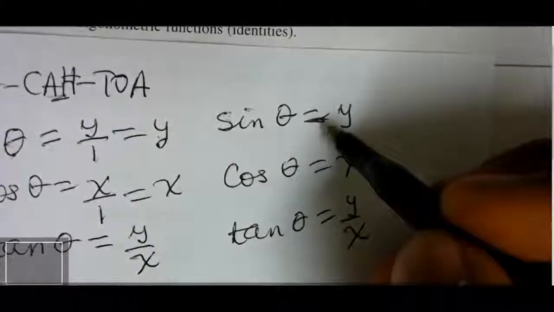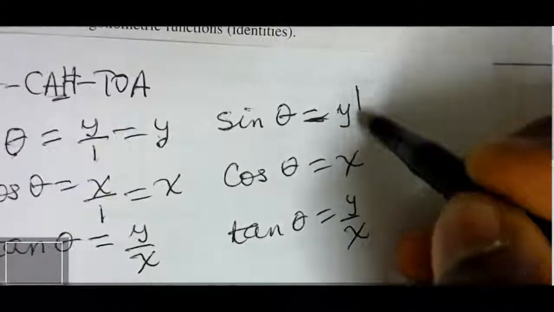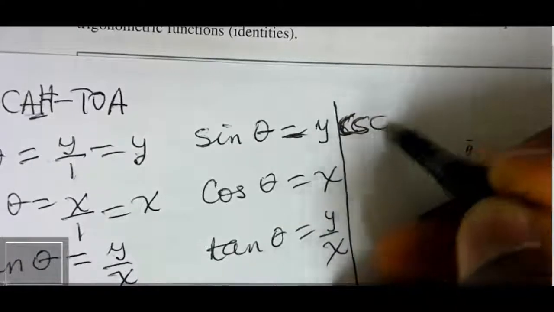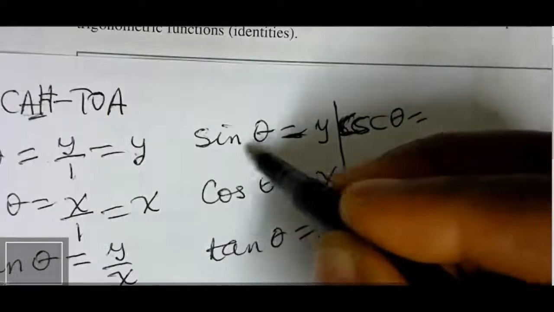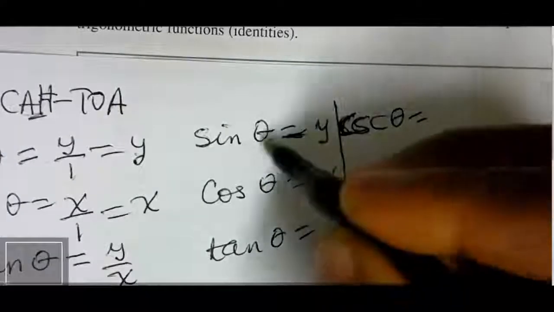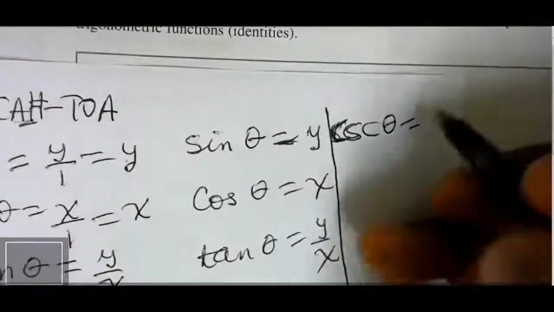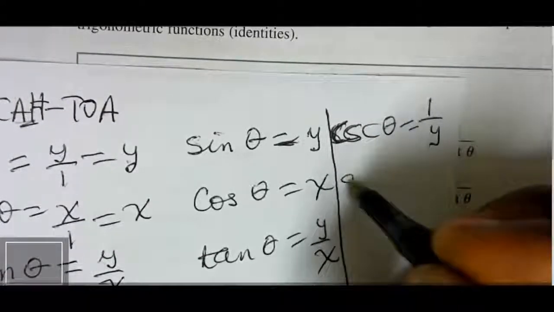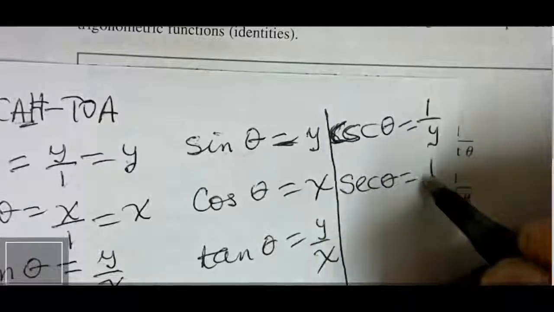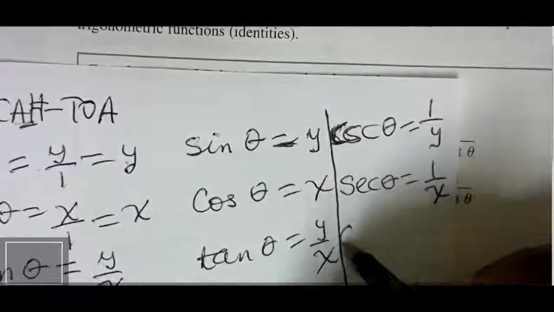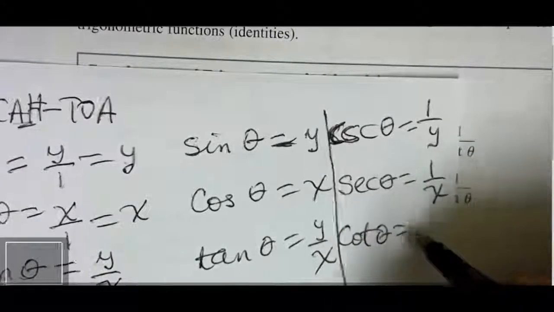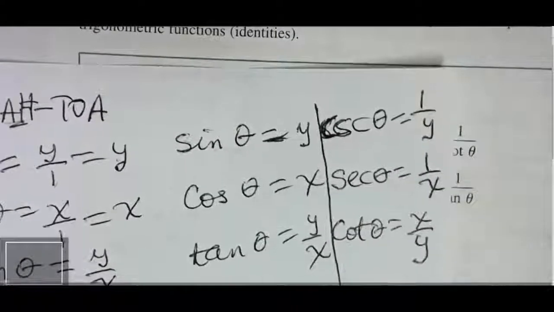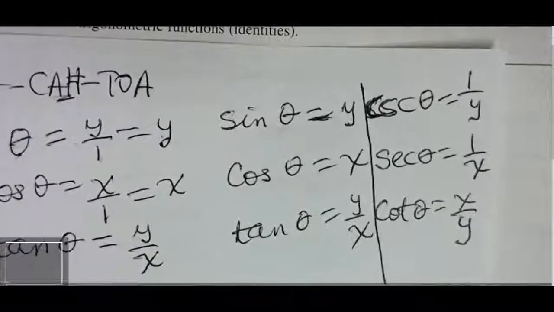And so cosecant theta is going to be the reciprocal of y, the reciprocal of sine theta. So that's going to be 1 over y. And secant theta is going to be 1 over x. And cotangent of theta is going to be x over y, because they are reciprocals of each other.